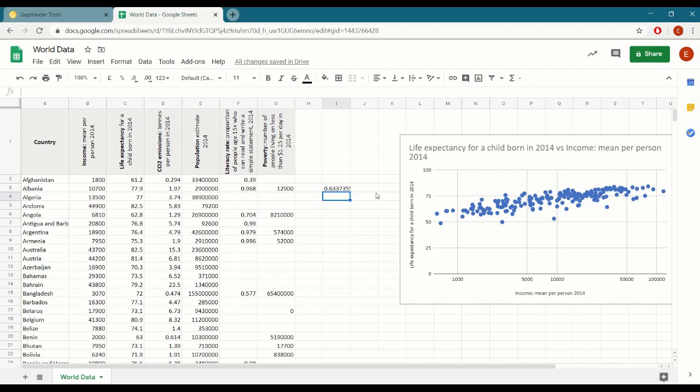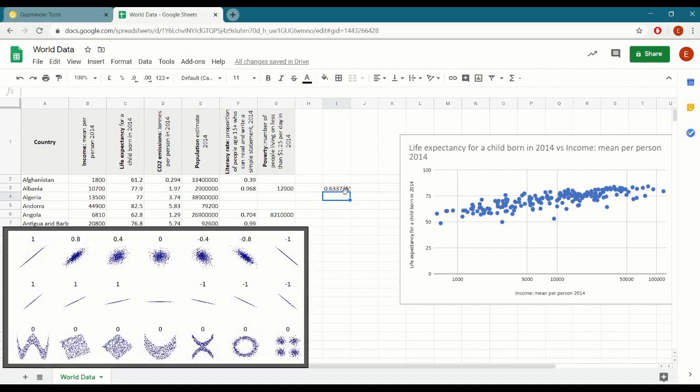The correlation coefficient goes between -1 and 1, where 1 is perfect positive correlation, so exactly aligned in a straight line, and -1 is perfect negative correlation, so exactly aligned in a straight line but going downwards instead. So what we've got here is actually quite a high, as expected, positive correlation.